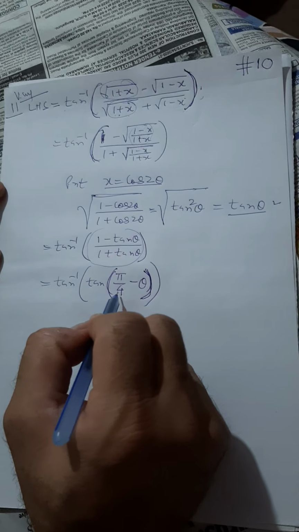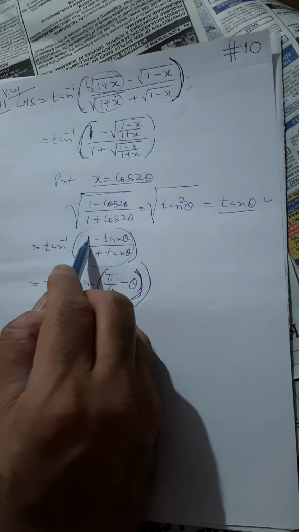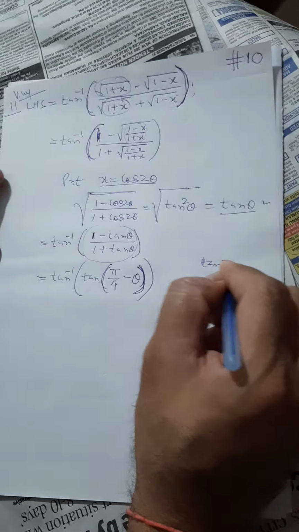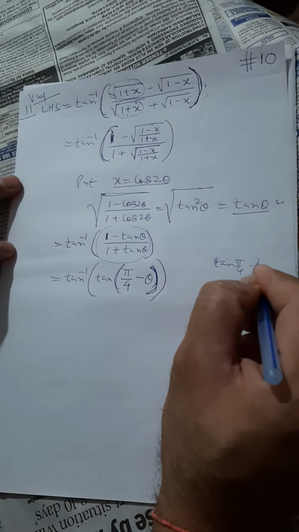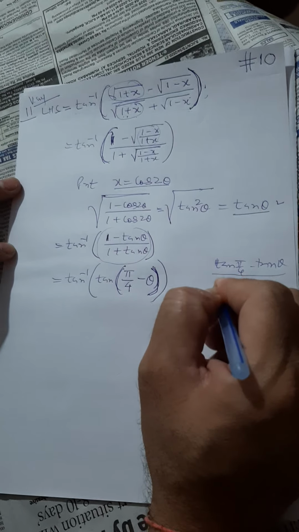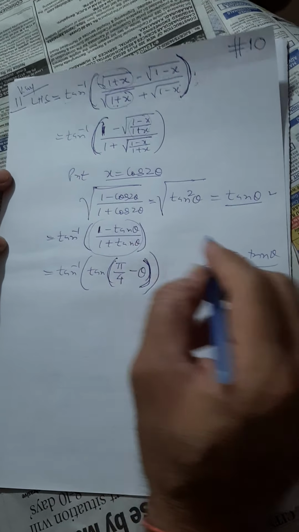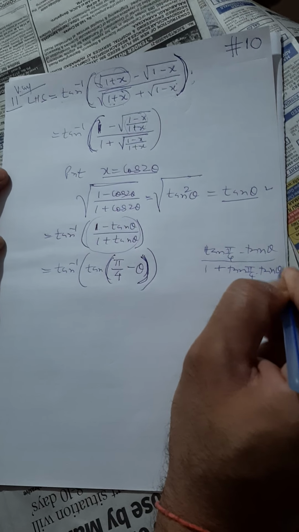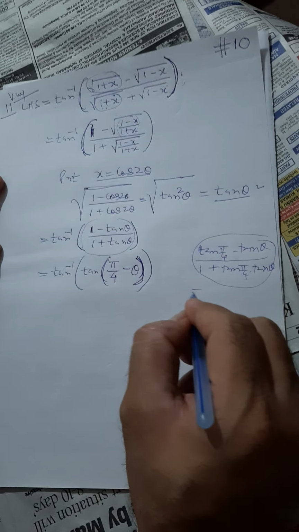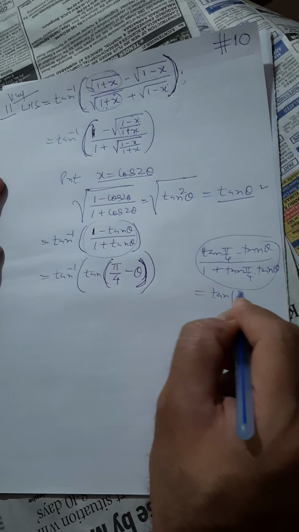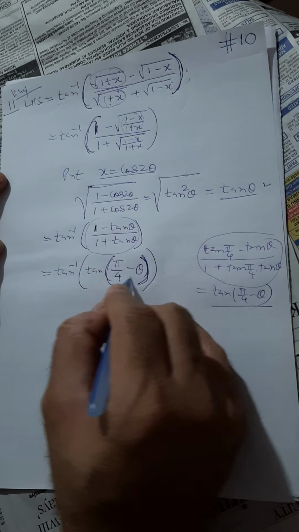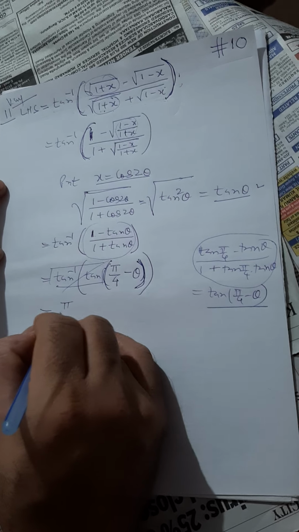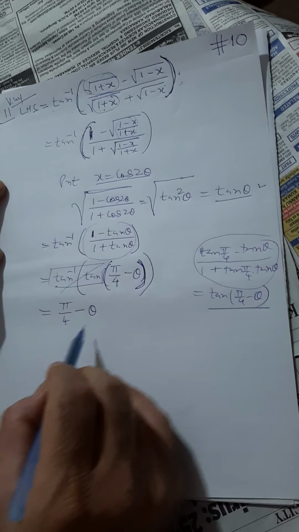We already used it in one of the earlier examples. This you can write as tan pi by 4. So it's like tan pi by 4 minus tan theta upon 1 plus, here into 1, that you can write tan pi by 4 into tan theta. You know that this is just tan of alpha minus beta, so tan of pi by 4 minus theta. So we have this. Now this will get cancelled again. So this is just pi by 4 minus theta.